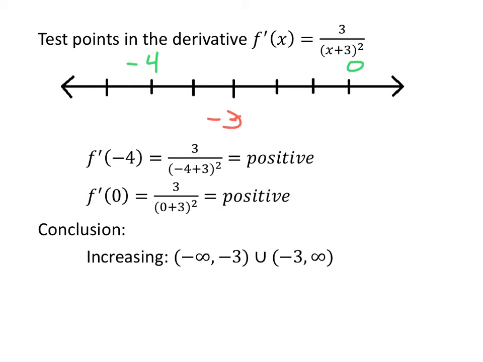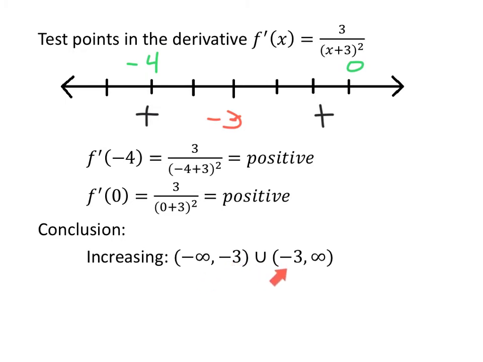And I see that when I put negative 4 into the derivative, negative 4 plus 3 is negative 1. Negative 1 squared is 1. 3 over 1 is positive. When I put in 0, 3 over 3 squared, that's also positive. And I see that my function is increasing on the entire real number line, with the exception of negative 3.